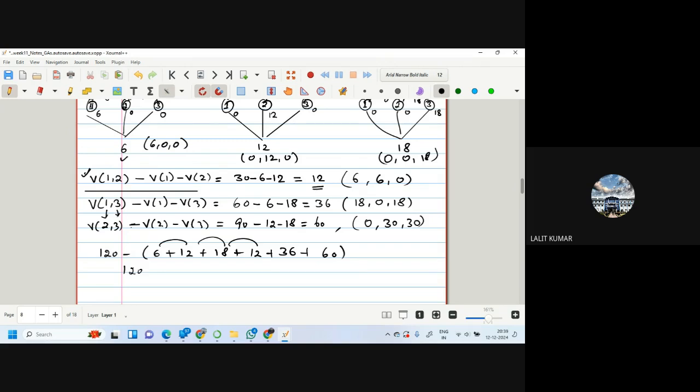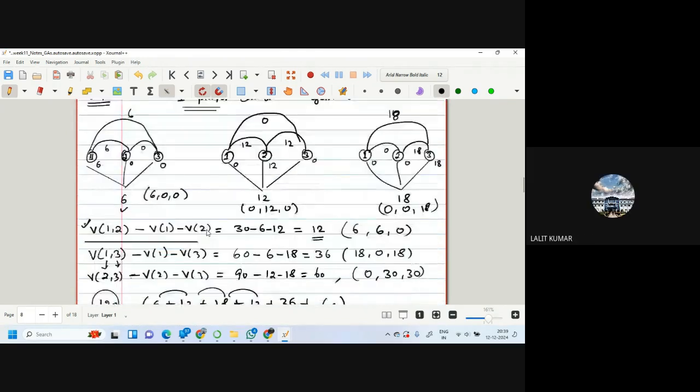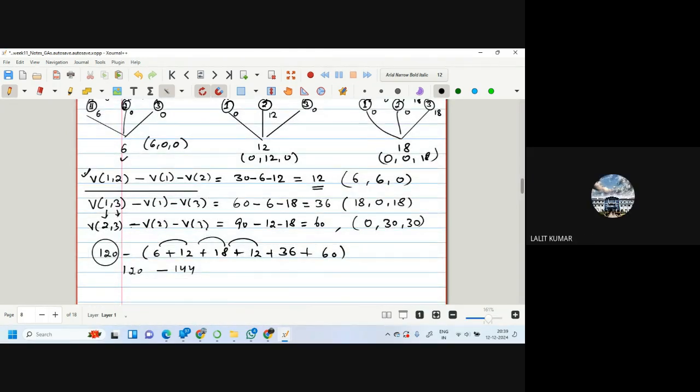So 120 minus this sum. This 120 is the value of the original game. We have formed six games here: 1, 2, 3, 4, 5 and 6.